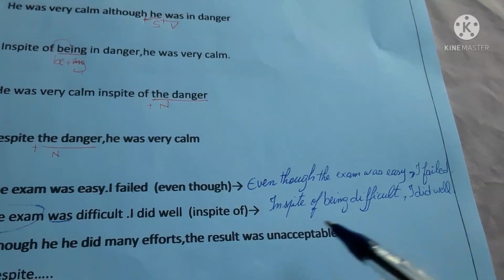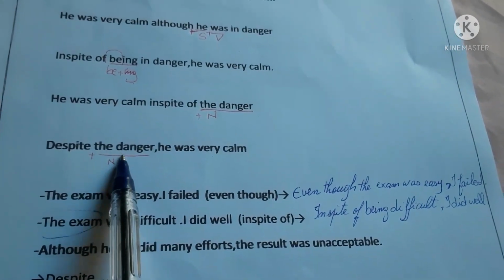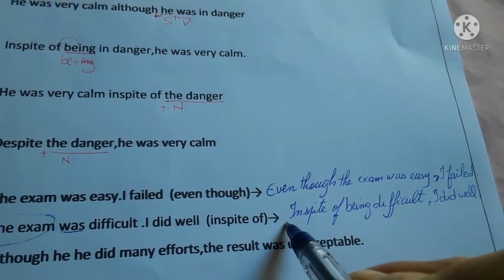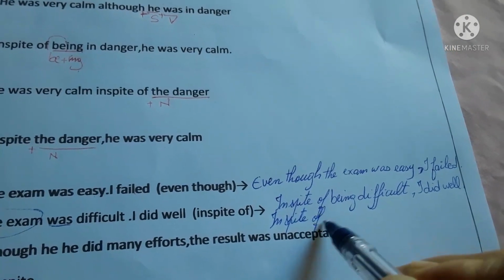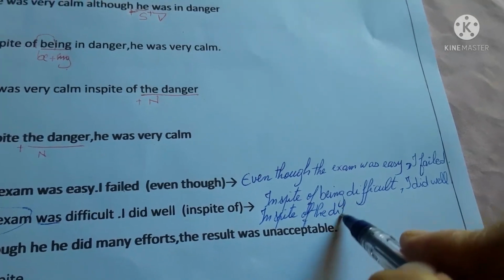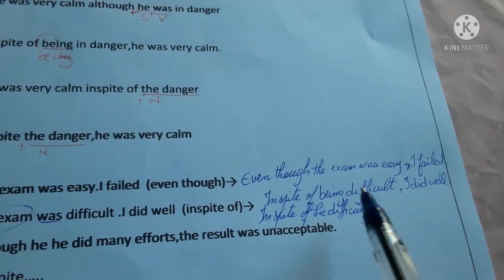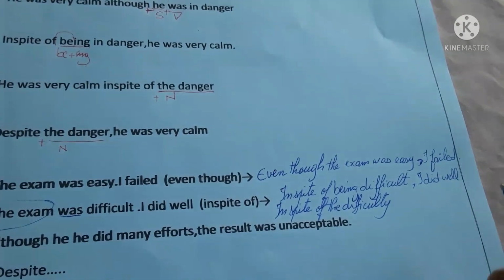نقدر نكتبوها بطريقة واحدة أخرى. نقدر نكتبوها بالطريقة هذه plus noun. نقدر نقولوا in spite of the difficulty. And no, difficult هنا كانت adjective رجعناها difficulty noun.